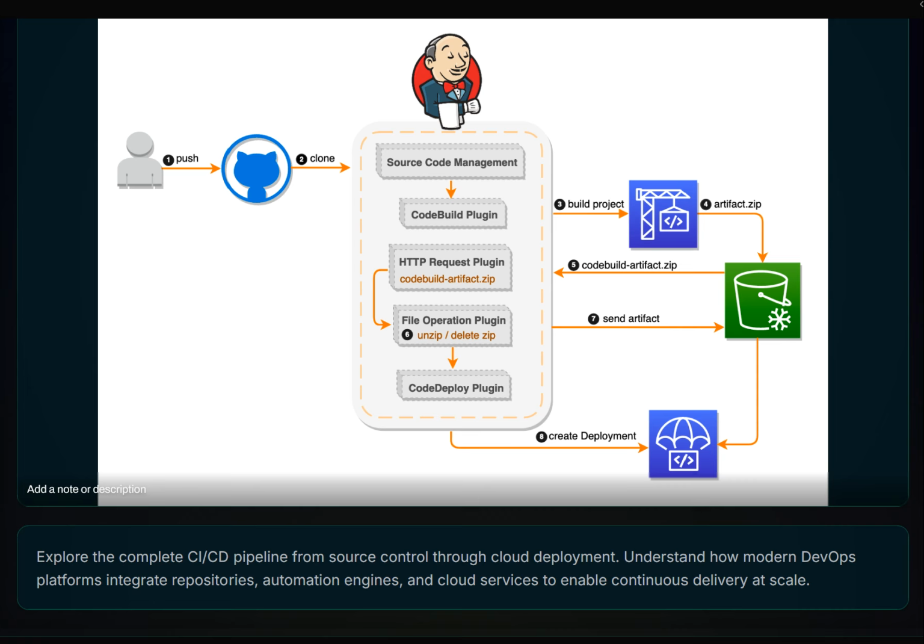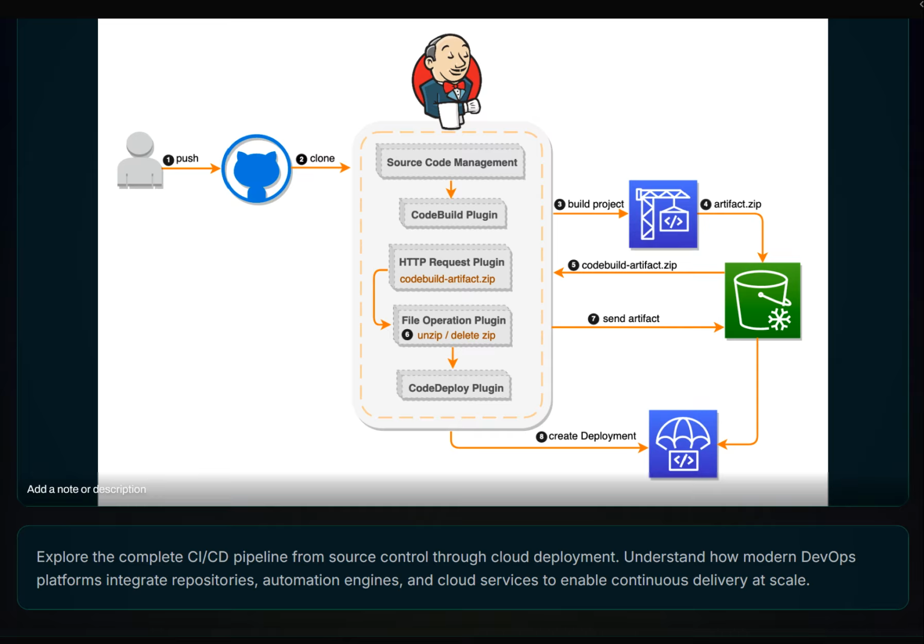So source control, where we use it in a cloud environment. We keep source there, different versions, history. Understand how modern DevOps platforms integrate repositories where we keep these codes.